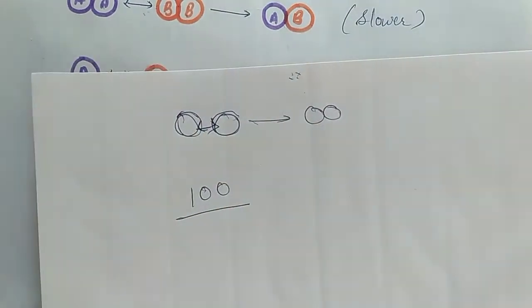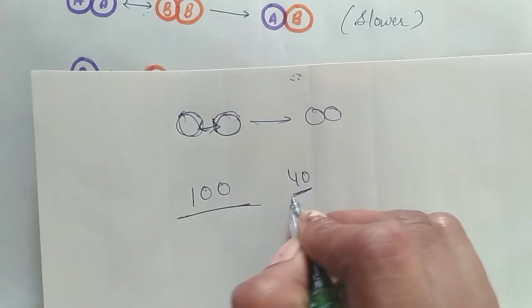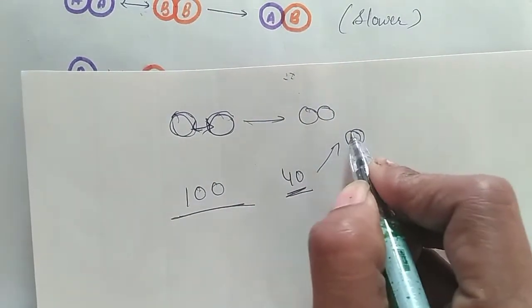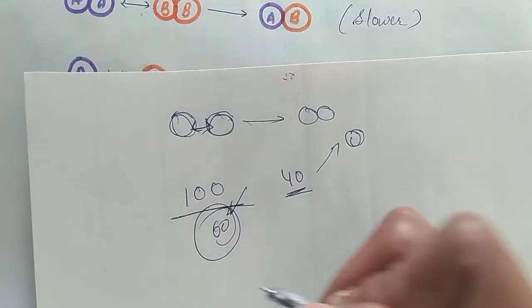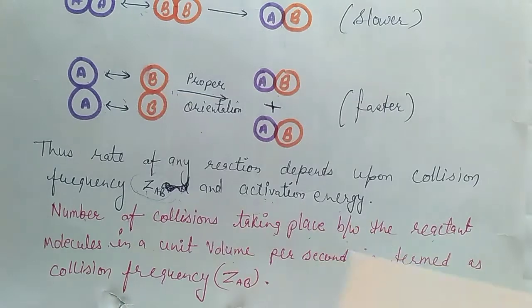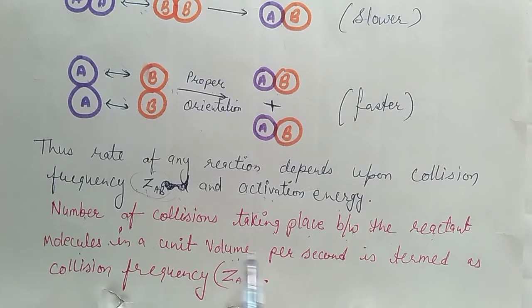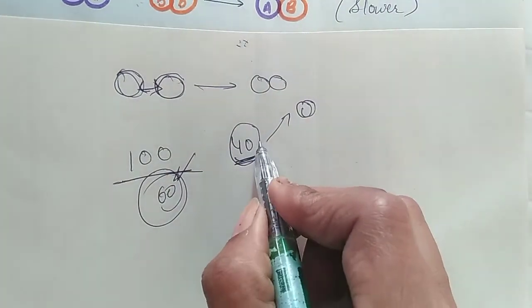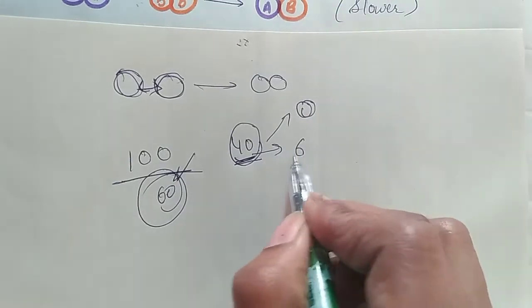In these 100 collisions, only 40 collisions are effective, meaning they are converting into product, while the remaining 60 collisions are not effective and not converting into product. So it is the number of collisions taking place between the reactants per unit volume per second. Suppose these 40 collisions are taking place in 6 seconds.